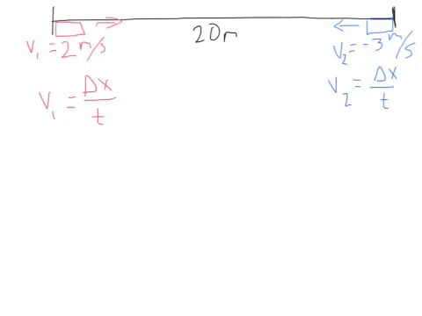That's the distance that it traveled in a certain amount of time. That ratio is the velocity. So I'm going to write velocity of cart 1 is equal to x final minus x initial divided by the amount of time that it takes to reach that final position.